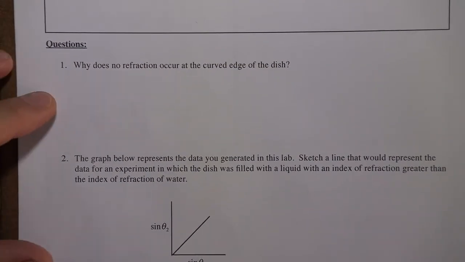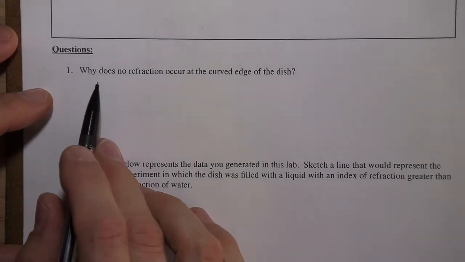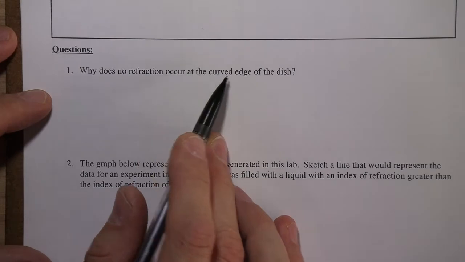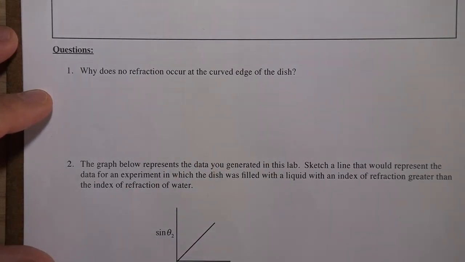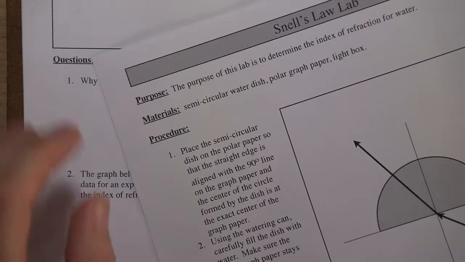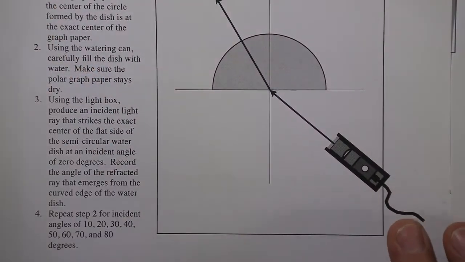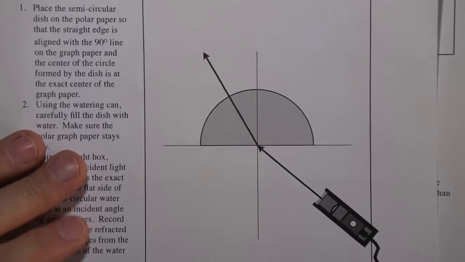All right, questions. This one's a little tricky. Students often have trouble with it, but the question is, why does no refraction occur at the curved edge of the dish? So let me just grab the instructions. So here's a picture, or diagram, of the setup.